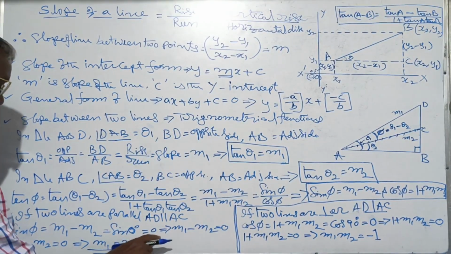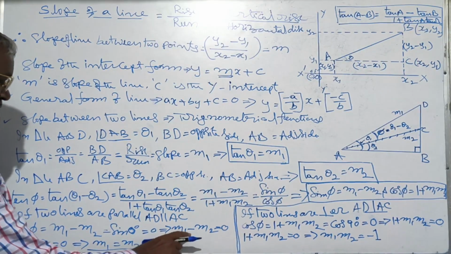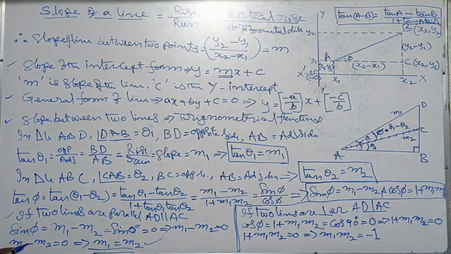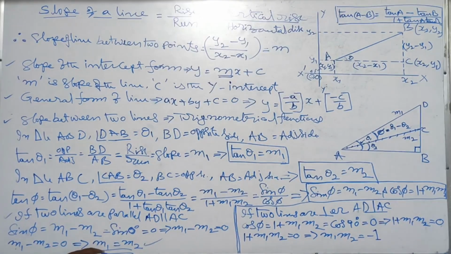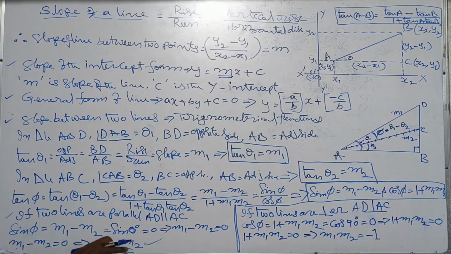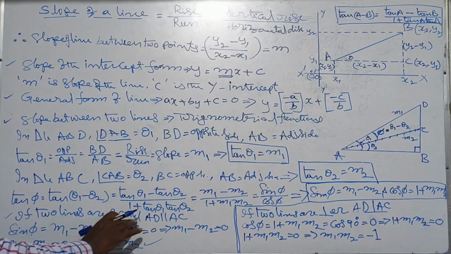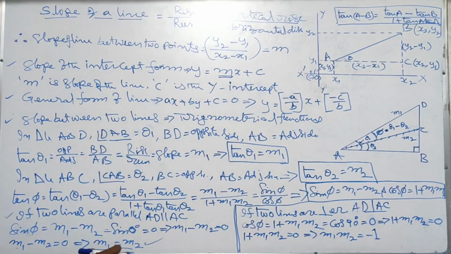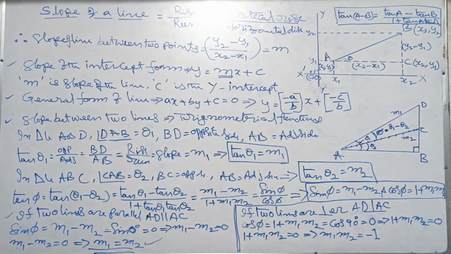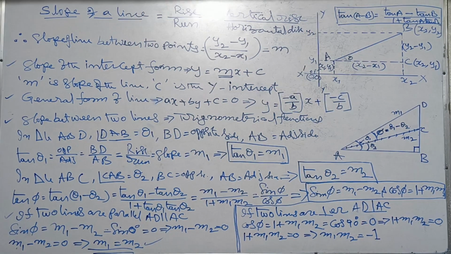That is M1 minus M2 is equal to 0. When M1 minus M2 is equal to 0, M1 is equal to M2. So that means if two lines are parallel, their slopes are equal. That is M1 is equal to M2.